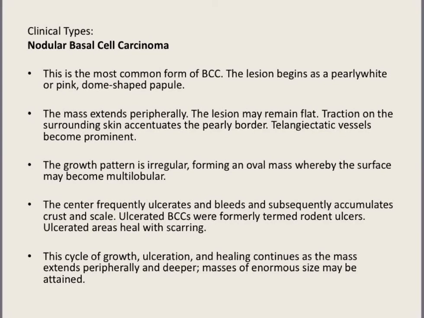Healing becomes after this, scarring and so on, and the cycle repeats. So this cycle of growth, ulceration and healing continues as the mass extends peripherally and deeper, until sometimes gaining an enormous size if left untreated over the years.